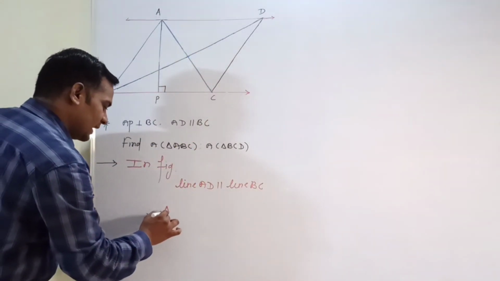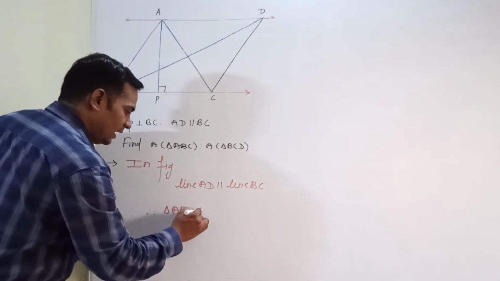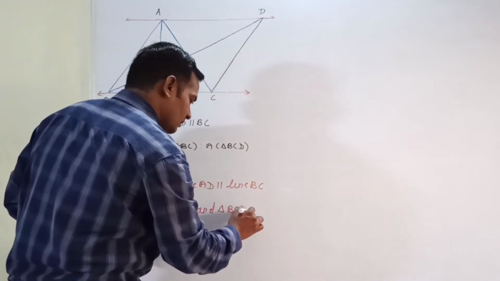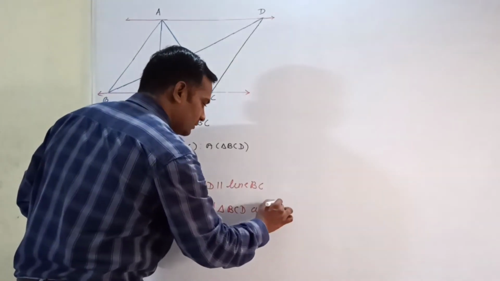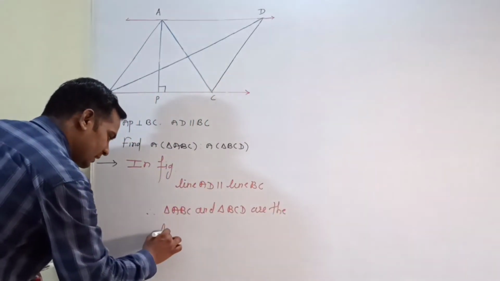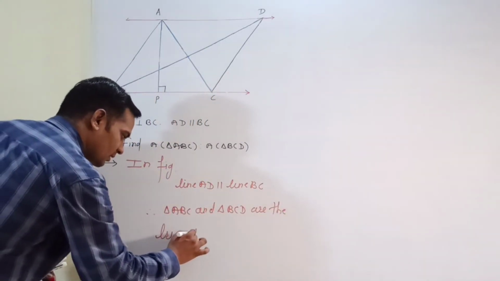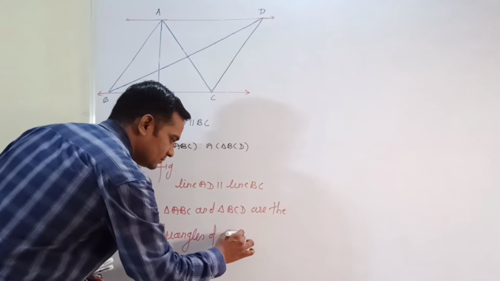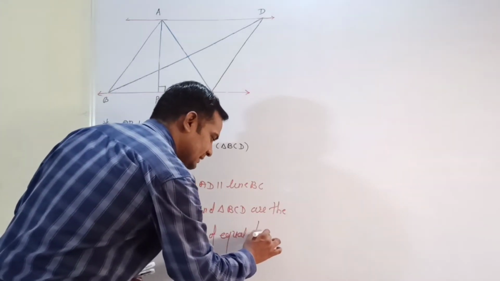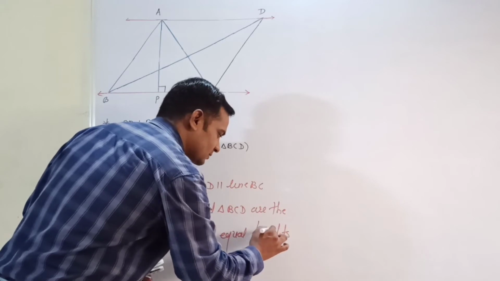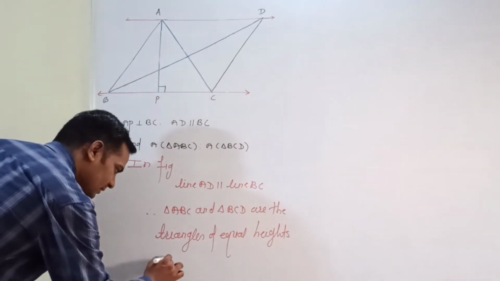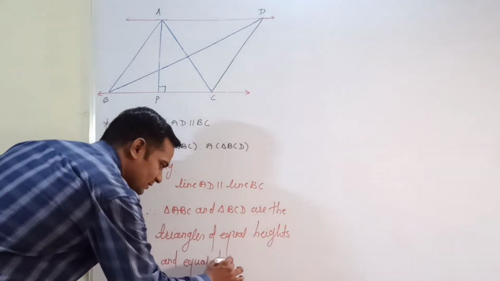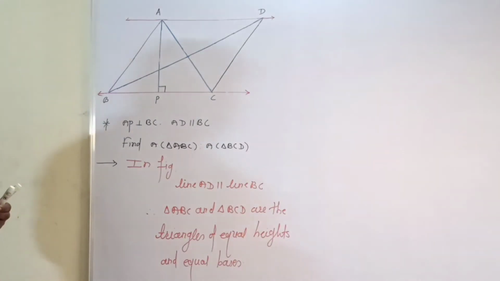Therefore triangle ABC and triangle BCD are triangles of equal heights and equal bases.